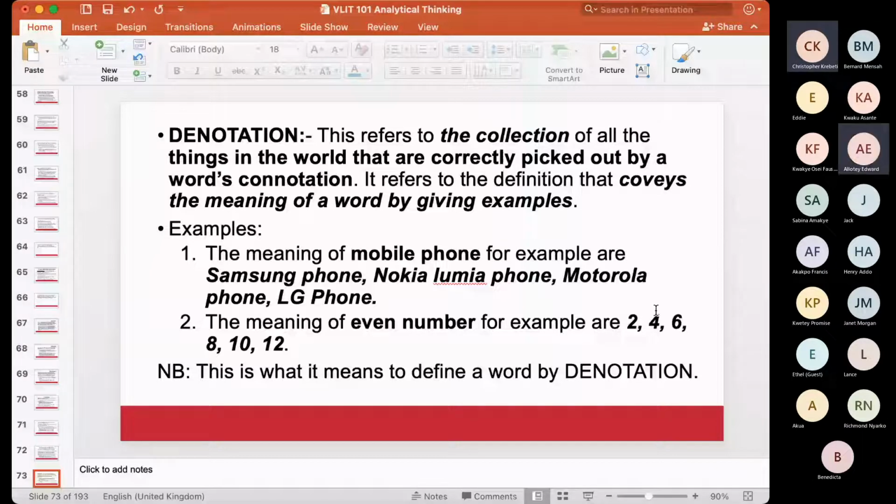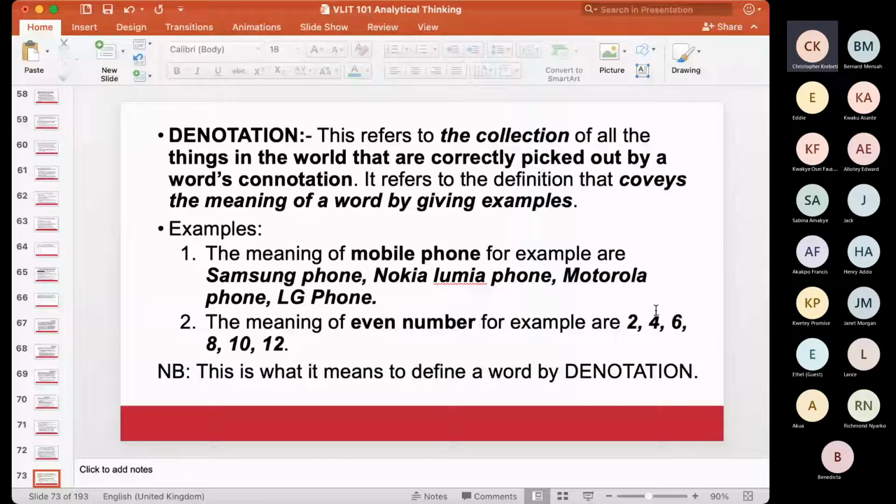Then let's look at the meaning of even number. The meaning of even number, for example, are 2, 4, 6, 8, 10, 12, etc. But when you are defining even number connotatively, you talk about a number that is divisible by 2, and by the number itself.